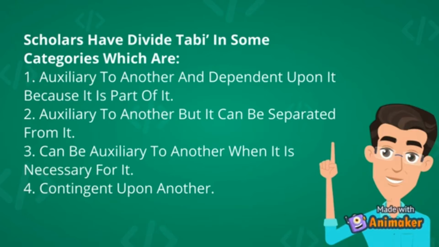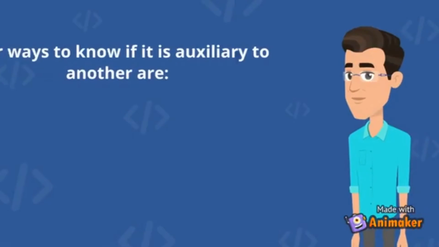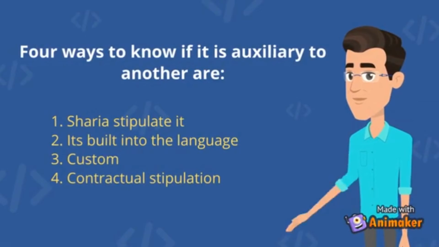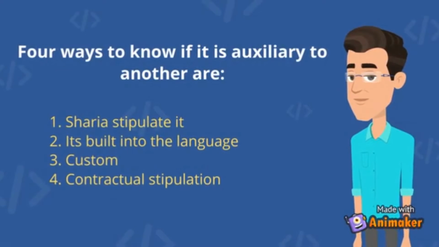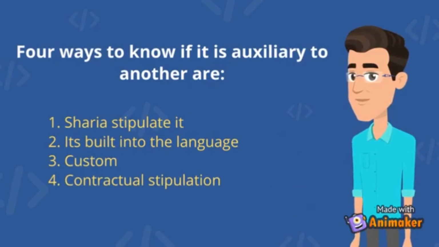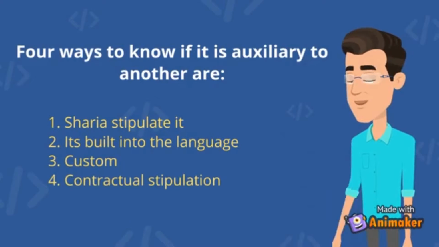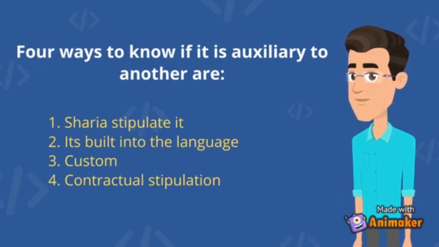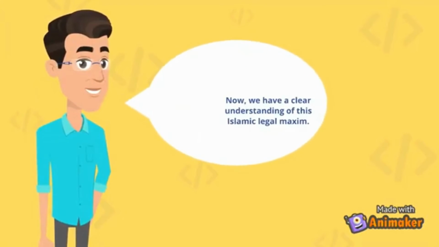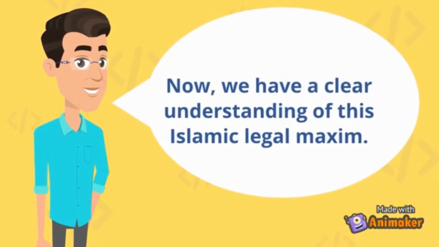Contingent upon another. 4 ways to know if it is auxiliary to another are 1. Sharia stipulated. 2. It's built into the language. 3. Custom. 4. Contractual stipulation. Now, we have a clear understanding of this Islamic legal maxim.